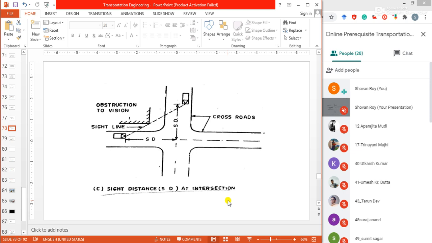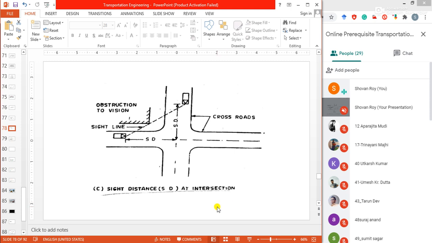Apart from these 3 situations, stopping sight distance, overtaking sight distance and sight distance at intersections, there are some other sight distances considered by the IRC in highway design, like intermediate sight distance.